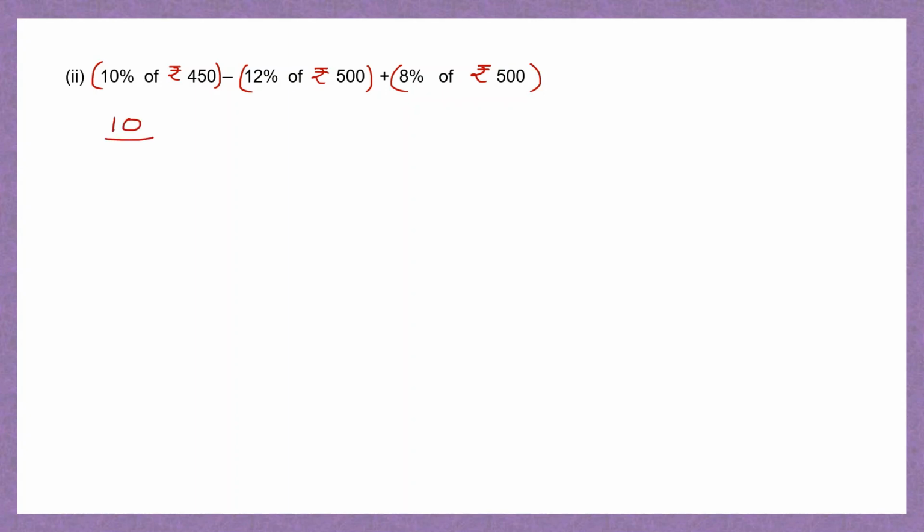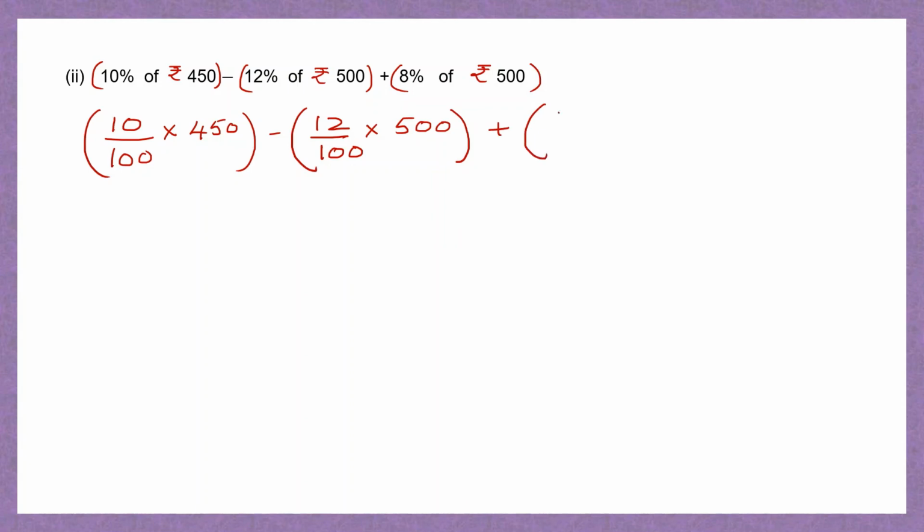So 10 by 100 into 450, minus 12 by 100 into 500, plus 8 by 100 into 500 again. Okay, so now let's work out each bracket.